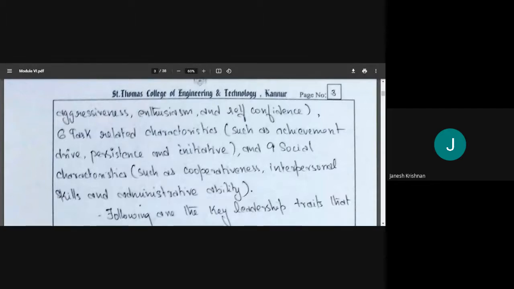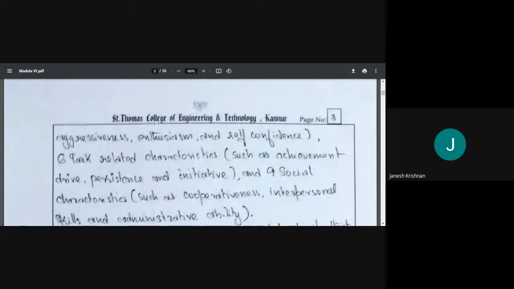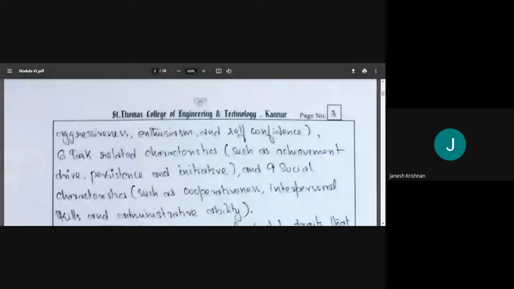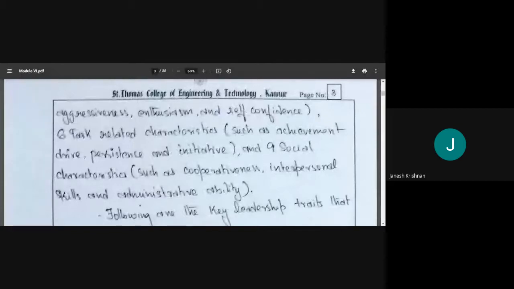Nine social characteristics: cooperativeness, interpersonal skills, and administrative ability. So basically, researchers have identified five physical traits, four intelligence and ability traits, sixteen personality traits, six task-related traits, and nine social characteristics. So various traits have been identified by the researchers.